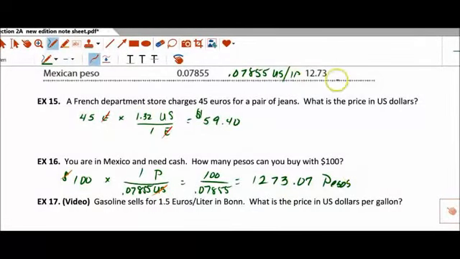Now, you could have used the other conversion factor, 12.73 pesos for 1 US dollar. We would just put a 1 on the US and 12.73 at the top, and you'll probably notice 12.73 times 100 would be 1,273.